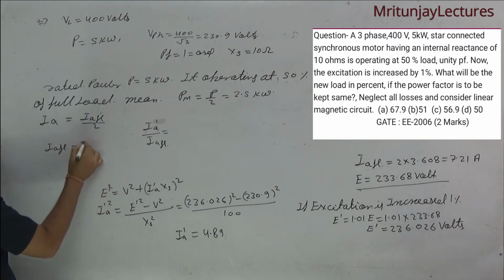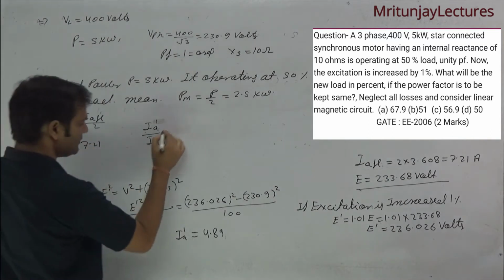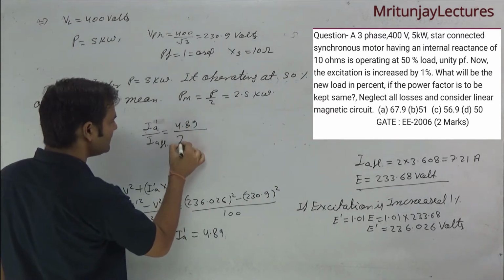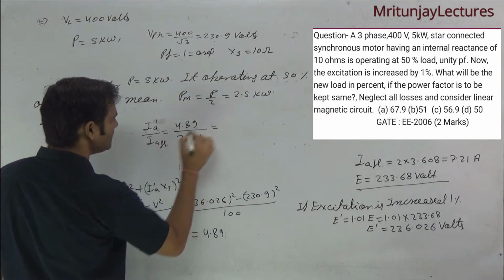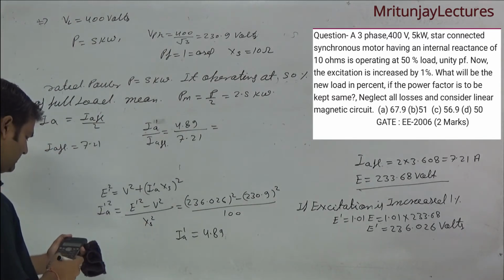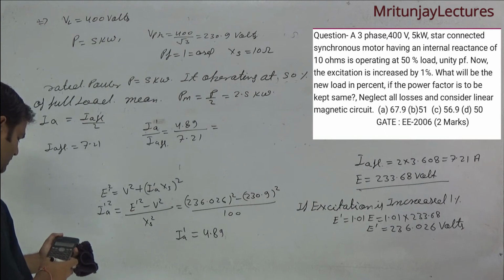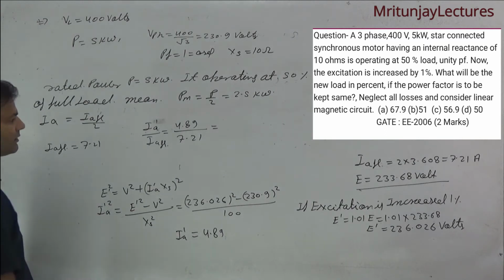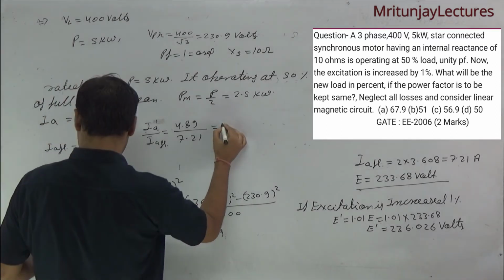Finally we got 7.21. So that is 4.89 divided by full load current 7.21. Okay, so 4.89 divided by 7.21.